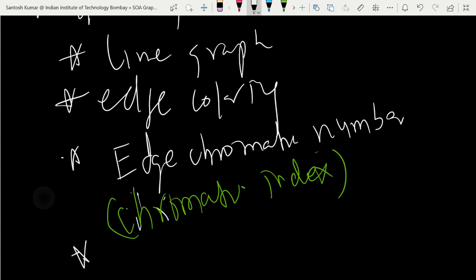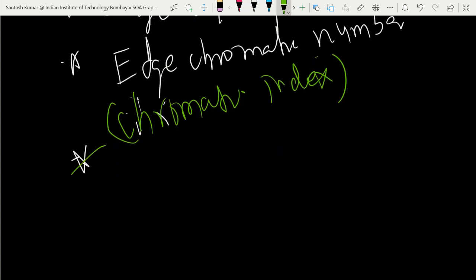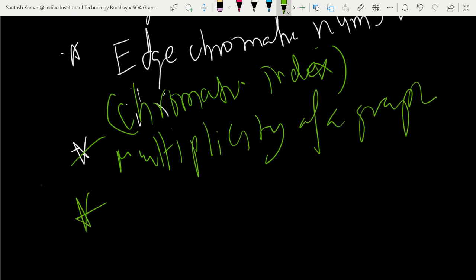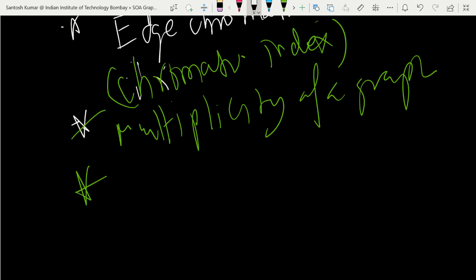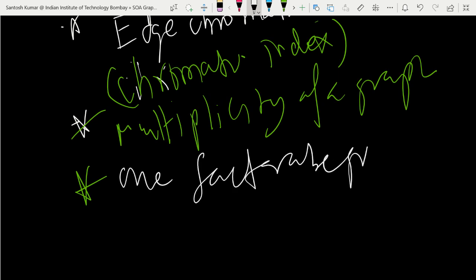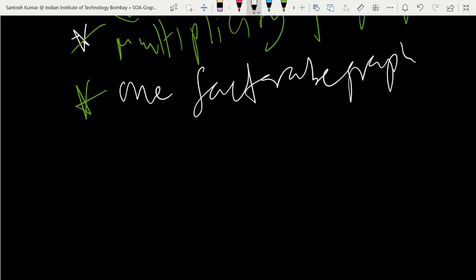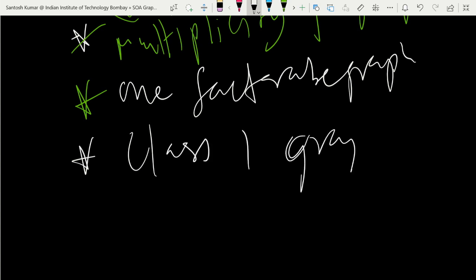And next we have multiplicity of a graph, and then we have one factorable graph, and class 1 graph, and class 2 graph.